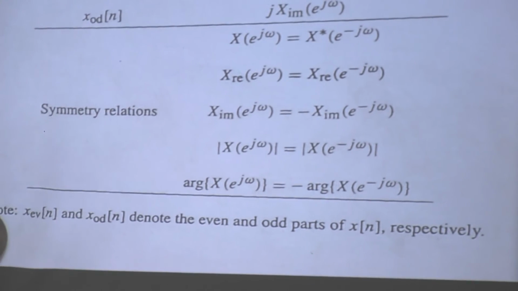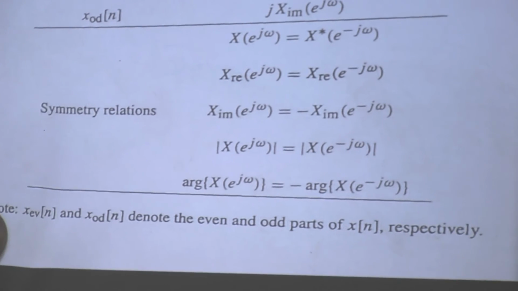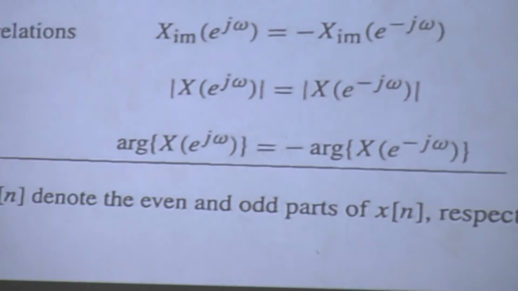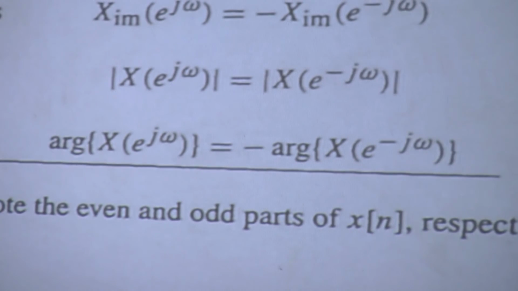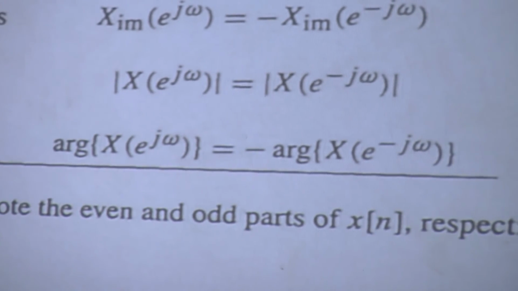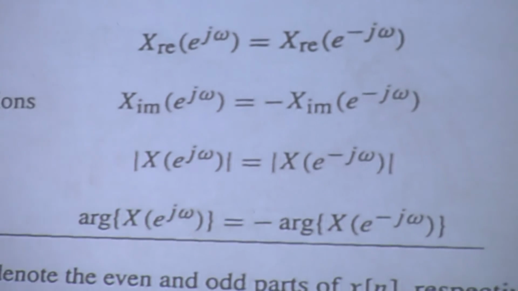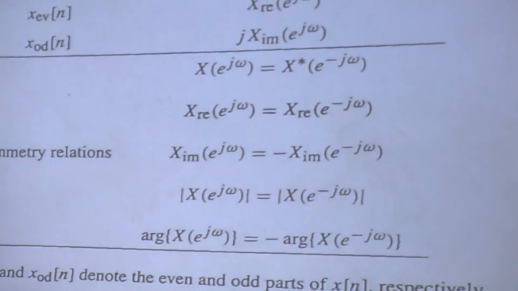This says that it is an even function. And the last property is the argument of X(e^{jω}) is minus the argument of X(e^{-jω}). This tells that the phase is an odd function.